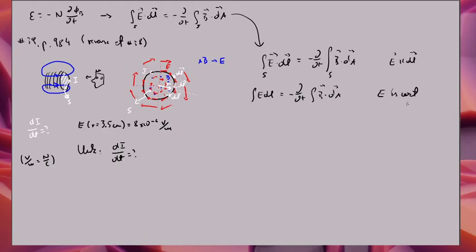It's not constant everywhere, right? For example, the electric field at this point has a certain value, but at this point has a different value. But the electric field along this path here has the same value everywhere. The magnitude of the electric field along this circular path is the same, and that's really what I need. This is what I mean by electric field is constant. It's constant along the integration path.